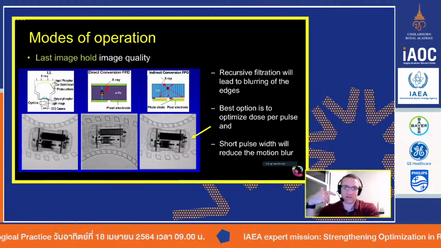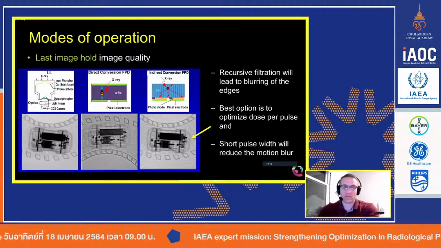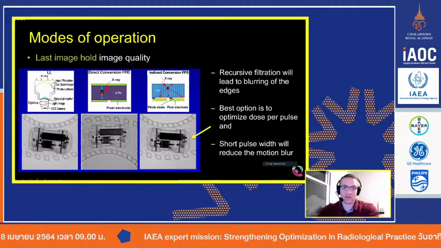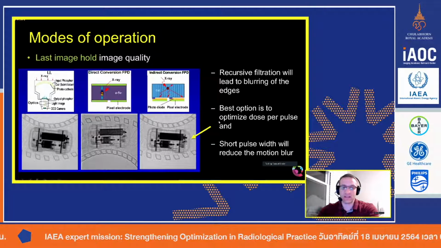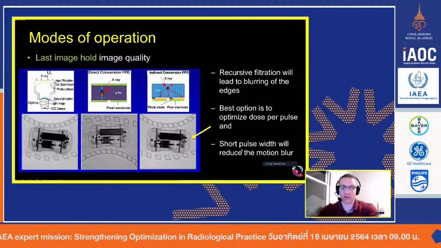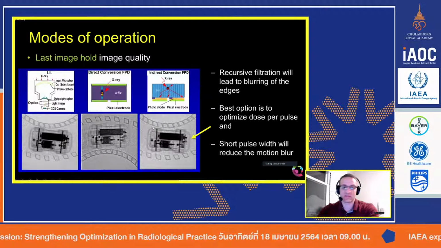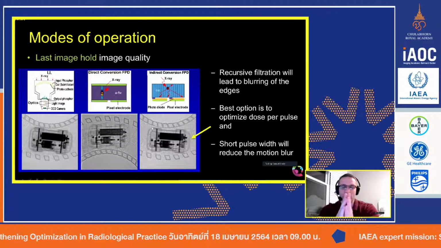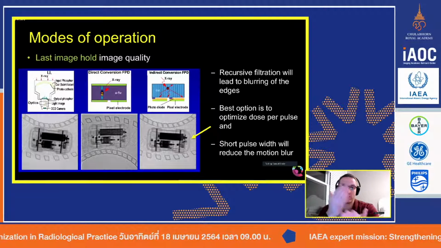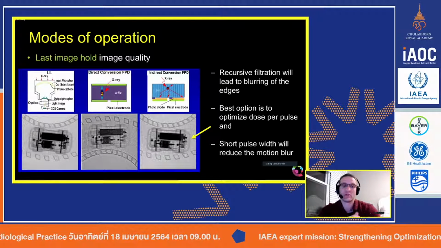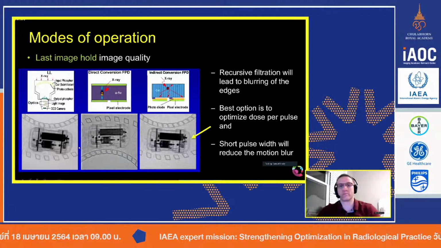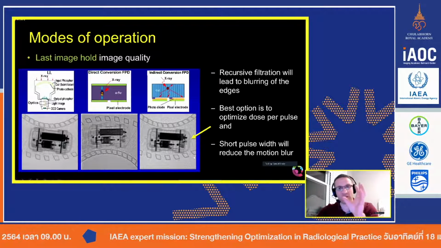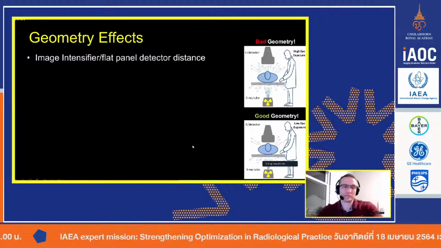But because there's motion, because we're doing this in time, those edges will get a little bit blurry. But if you acquire this with the right dose per pulse, that last image hold won't have to be the last 2 or 3 or 4 images averaged together. It could quite literally be just the last 1 or 2 images, and the image will look a lot more crisp because it's the dose per pulse, not the averaging that's creating that image.